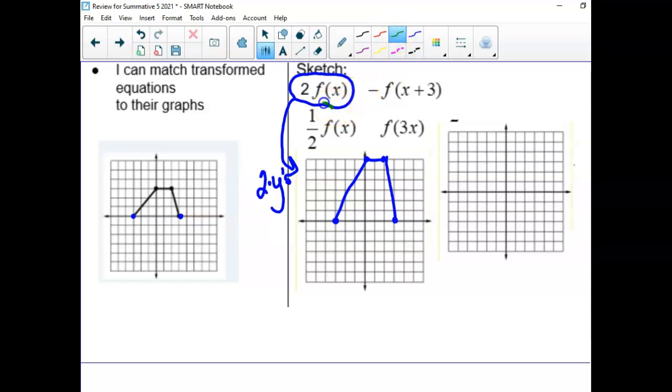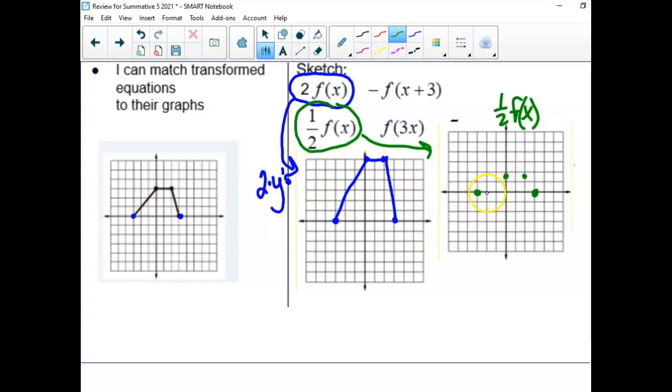How about the 1/2 while we're at it? Can I do that one on this graph, and then I'll go to another slide for the other 2, so I have room? 1/2 f of x would do exactly the same thing, but instead of multiplying by 2, it would take half. So the y values here were 0, right? We had -3, 0, and +3, 0, so those aren't changing. But these were up at 3, so now they're going to be up at 1.5.